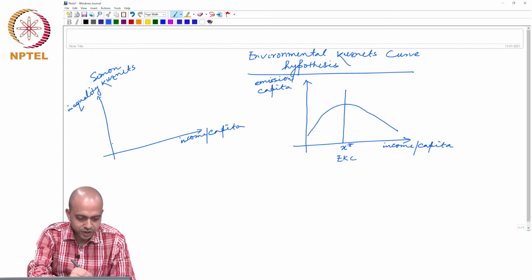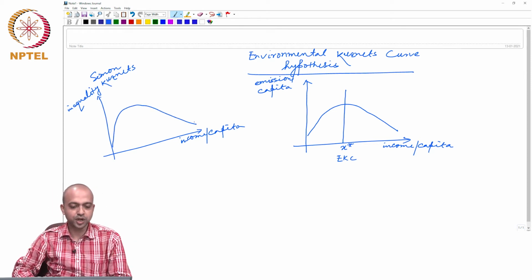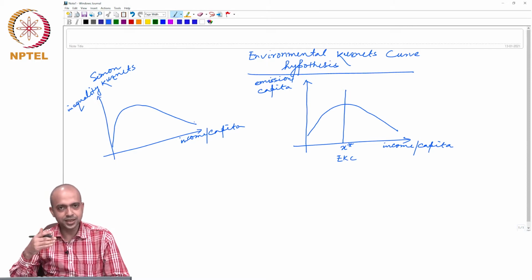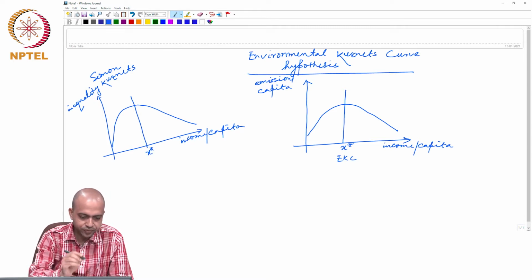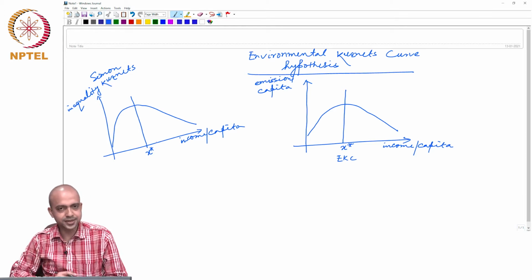Simon Kuznets hypothesized an inverted U-shape relationship between inequality and income per capita. That means, as the economy starts growing, at the initial phases of growth, inequality also increases, and then it starts declining.